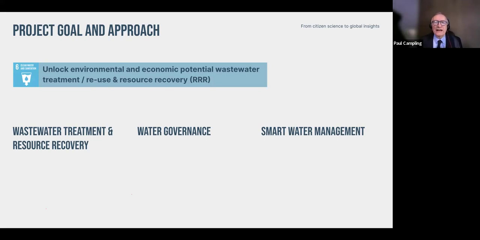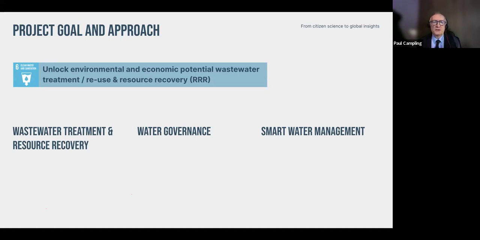And then on the other hand, we want to look at smart water management. So we're looking at improved methods to collect data, to monitor water quality in the environment, and to use this information effectively. And also within the smart water management, we're looking at modeling techniques to forecast how we could plan our interventions in this sector more effectively.